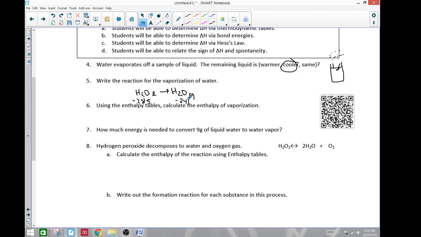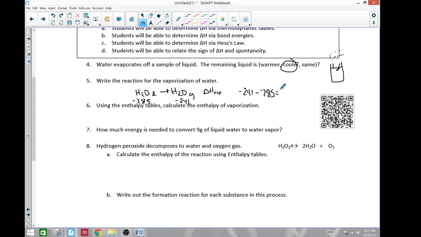All right, so simple example here. It wants me to calculate the vaporization of water. It wants the delta H on this particular process. We call it vaporization, but really that doesn't do much for us. It just tells us the type of reaction. So it's products minus reactants, so it's negative 241 minus a negative 285.